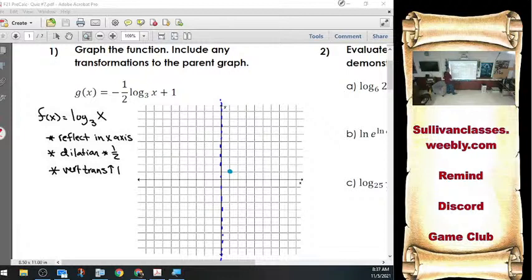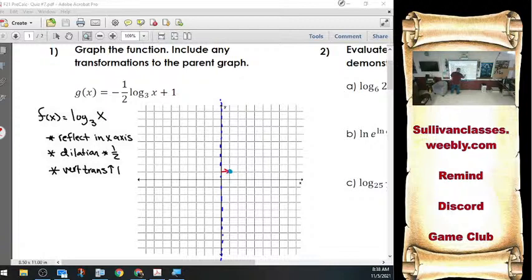Then I'm going to use the powers of 3, which are normally 1, 3, 9. I'm going to use all those, but they're going to be reflected. And the vertical distance between them is half as far.